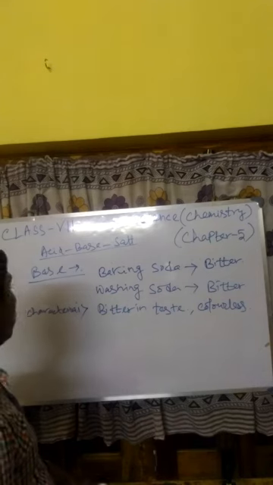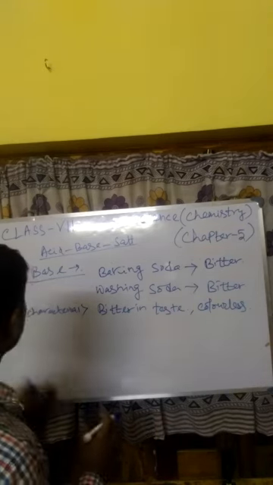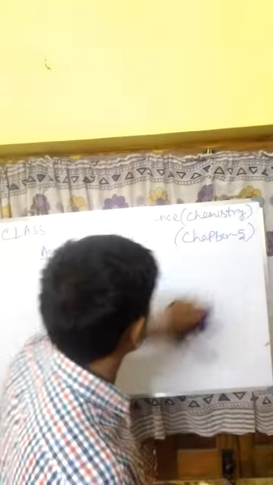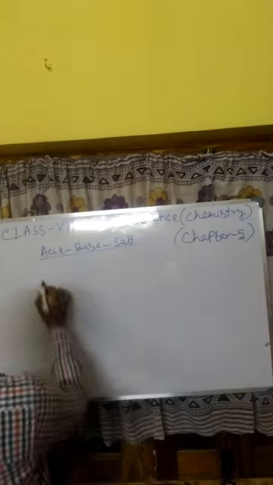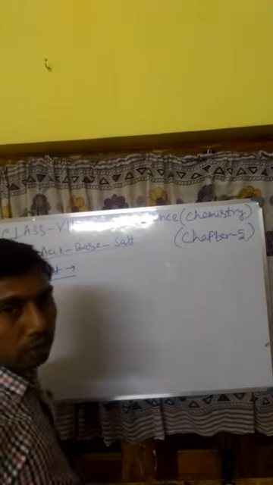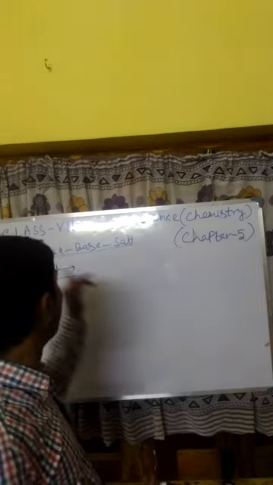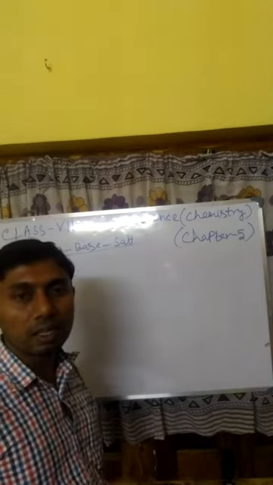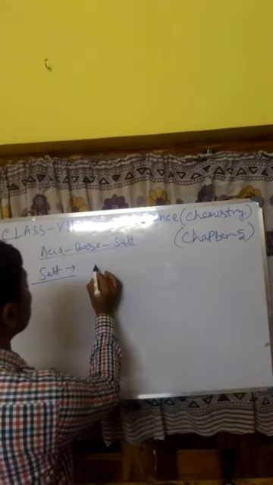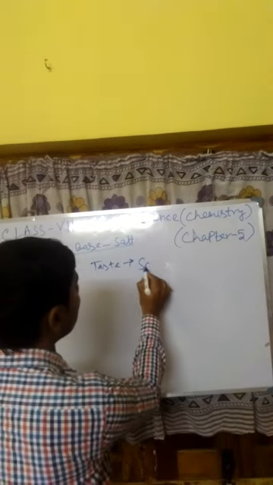Now next one, that is, what is salt. Salt is also different from the taste or characteristics of both the acid and base, and it has unique characteristics. Unique characteristics means its taste, that is salty.